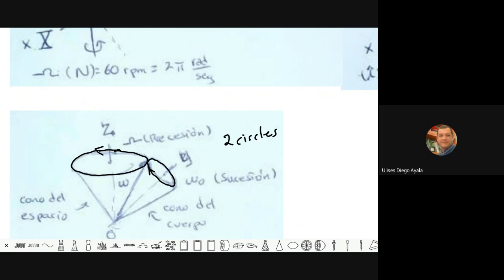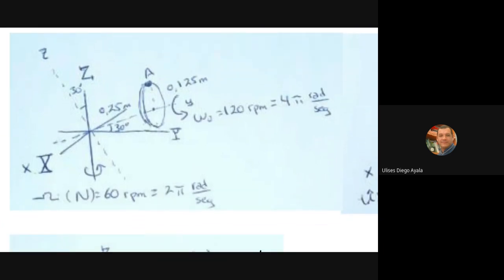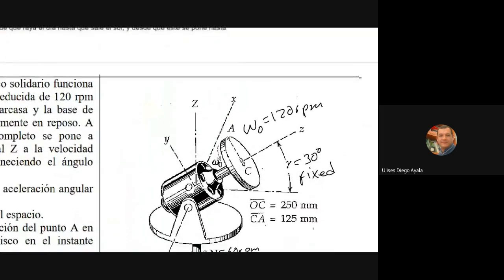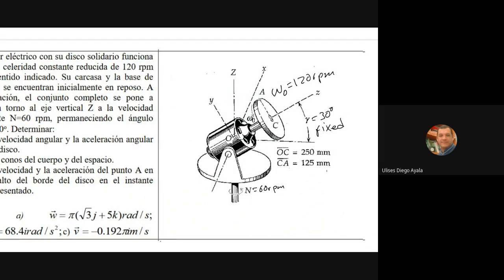This is the technical name. What makes which one the space and which one the body? It depends on which one has only one rotation. You have one that has only one rotation, and the other that has two rotations. So when you analyze which of those has only one rotation, usually one of them will have only one, and the other will have that plus the other one.